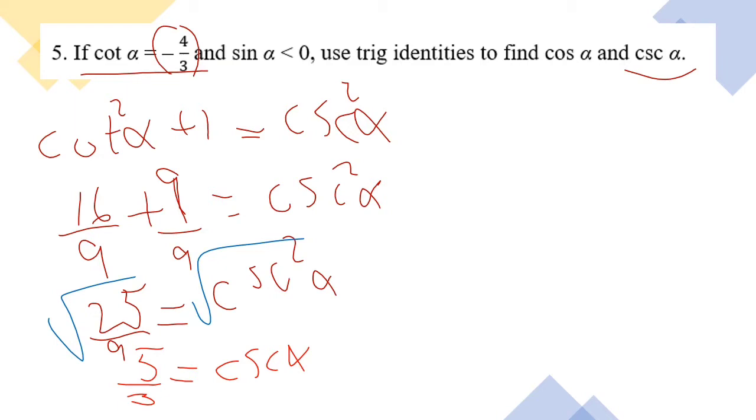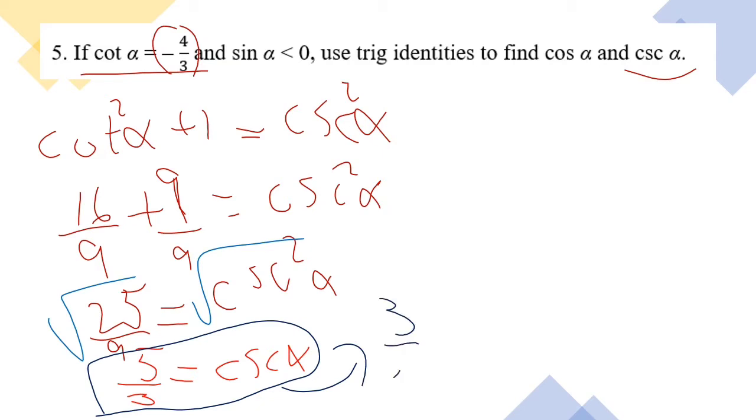So that's cosecant. In order to find cosine, the easiest thing for me to do would be to find sine and use the Pythagorean identity, or I can find sine and use the basic identity for cotangent. So either way I need sine, so I'm going to use that, flip it, 3 over 5 equals sine alpha, and now I can use sine.